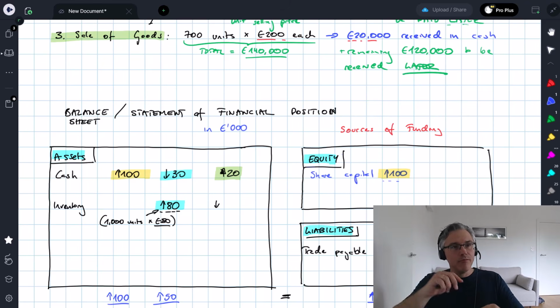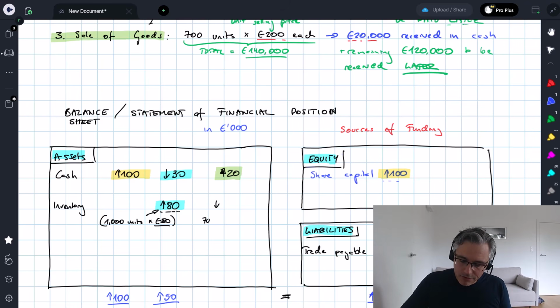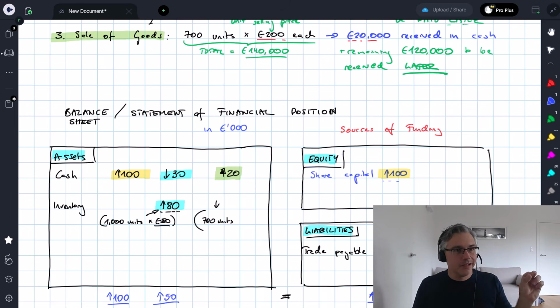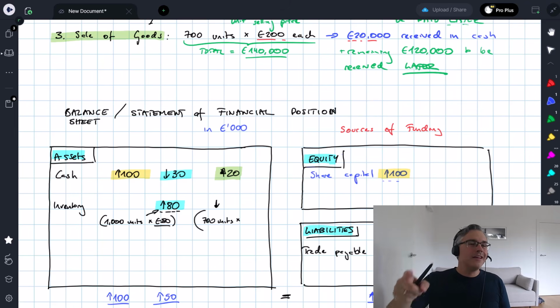Now, when we remove items from our inventory, we have to follow the same logic. So if 700 units are leaving in the inventory line, the departure has to be booked or accounted for using the same basis, i.e., the initial cost at which those things were purchased.